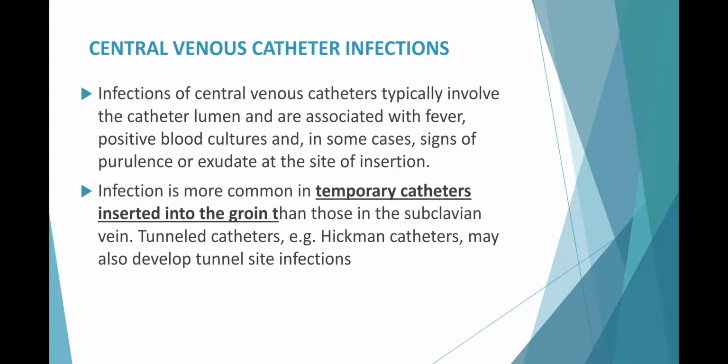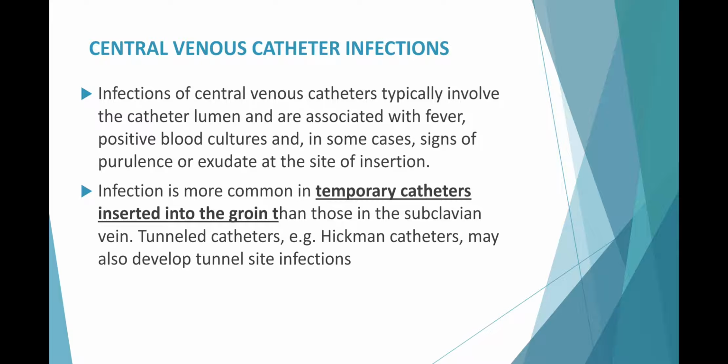Infection is more common in temporary catheters, unlike tunneled catheters; there are two types, temporary and tunneled. The temporary catheters are more liable to infection, and inserting into the groin, which means the femoral vein, is more liable to infection.